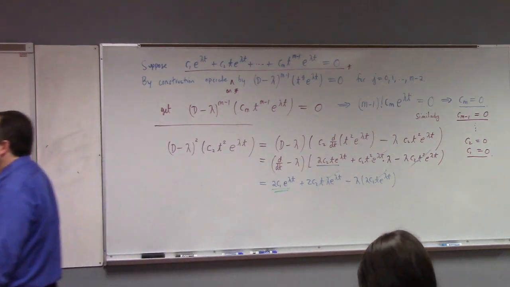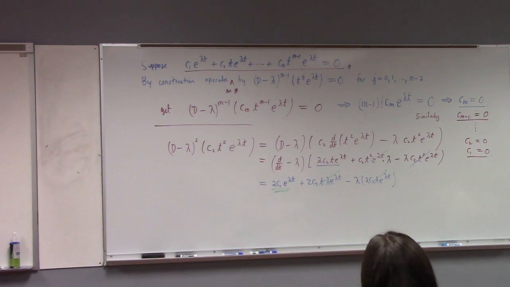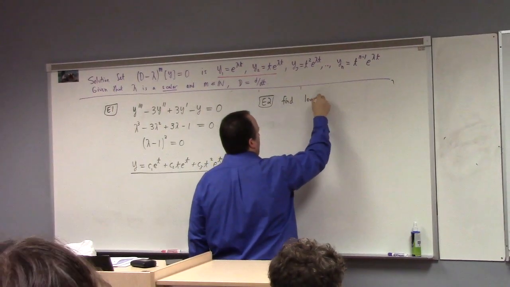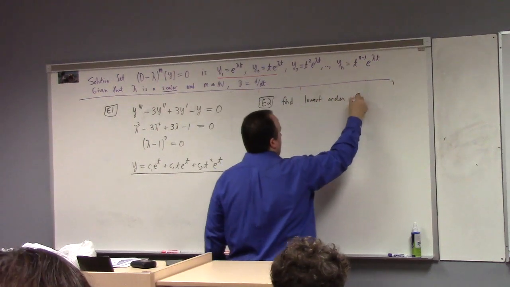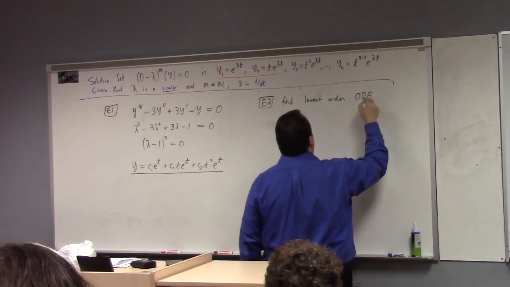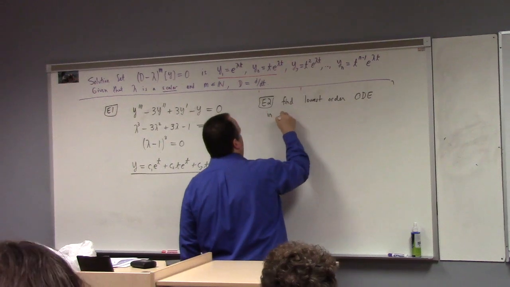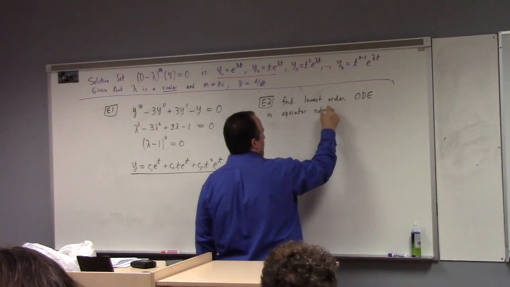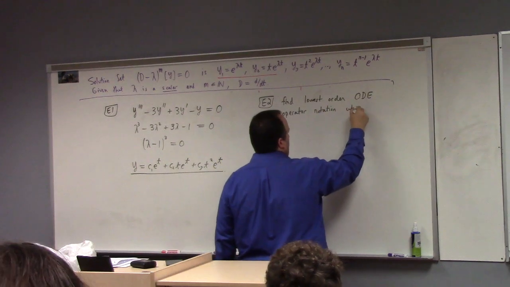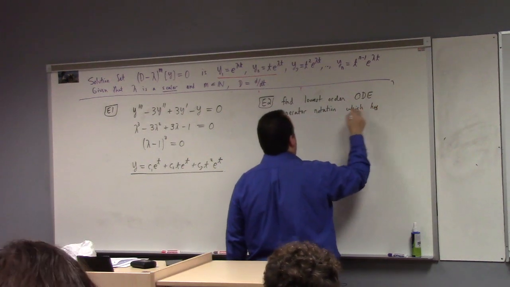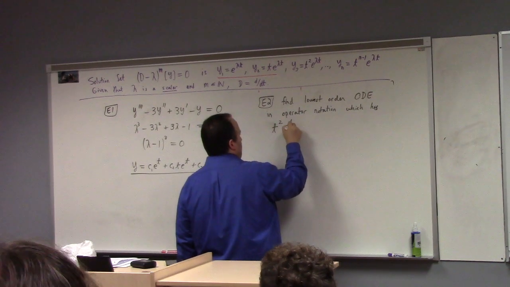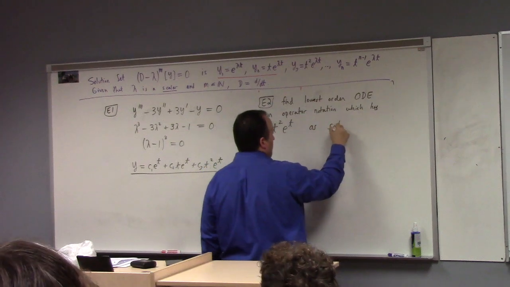So here's the inverse question I have for you guys. Find the lowest order ODE in operator notation which has t squared e to the t as a solution.